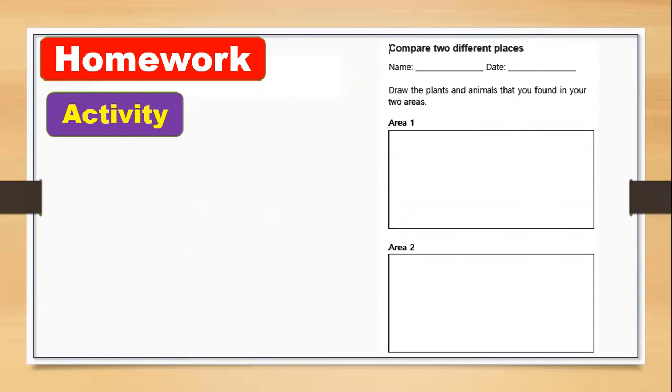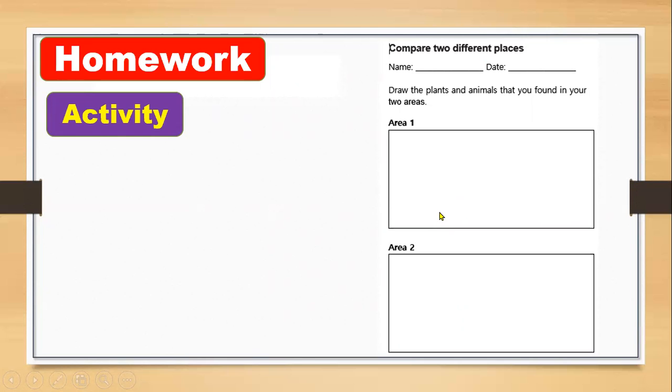So this is the homework. This homework is so easy. You will draw a plant and an animal. You have to draw the plants and animals that you find in two areas. You have to choose any two areas, area number one and area number two.